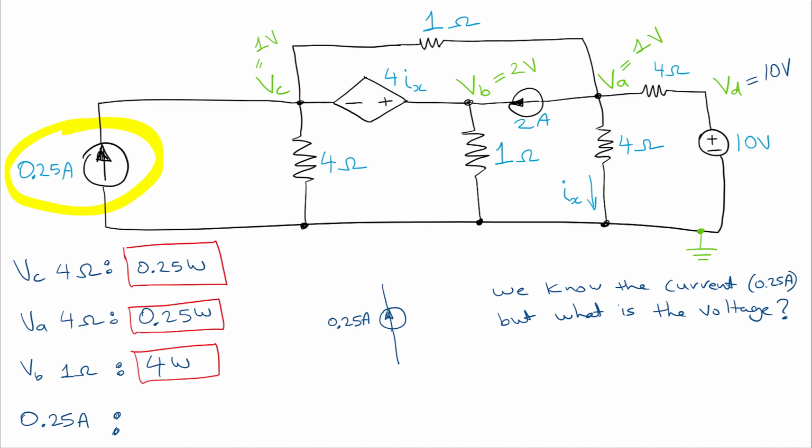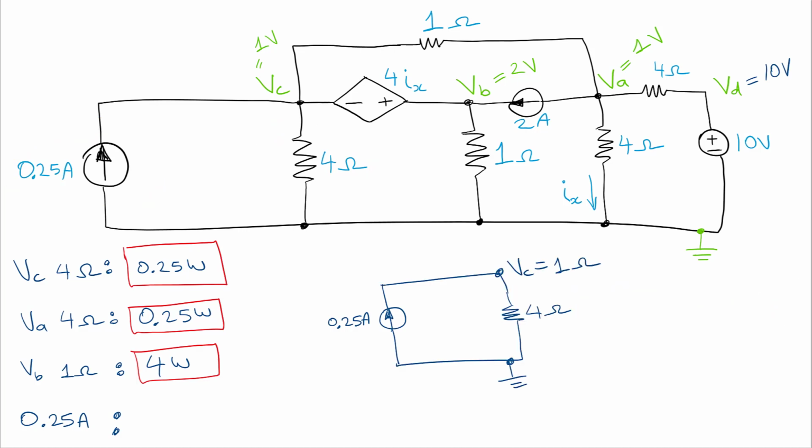If we notice that this resistor here is going to have a voltage across it, and we know what the voltage across it is, and we know that the current source is in parallel with that resistor. So let's draw the sub-circuit like this. Okay, so now we have VC is equal to 1 ohm.